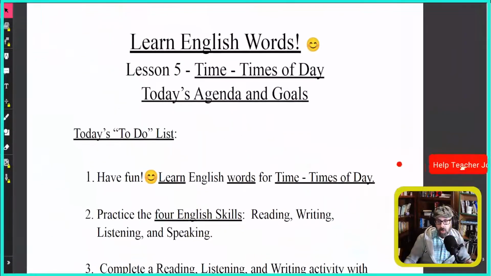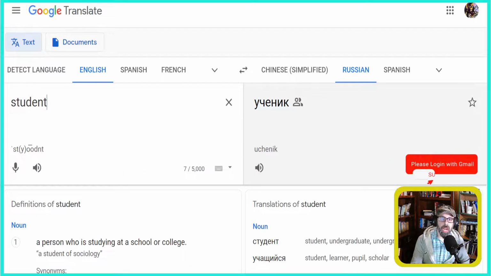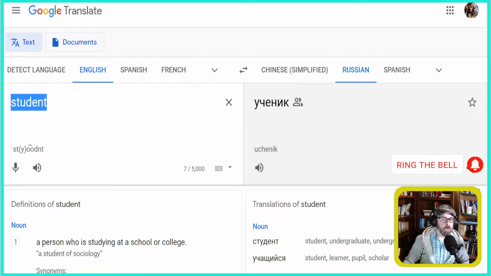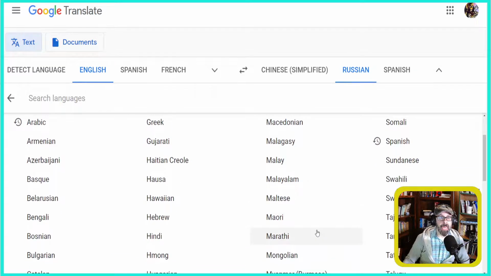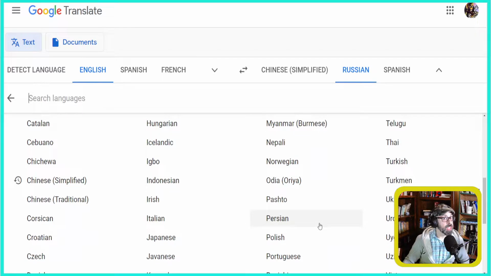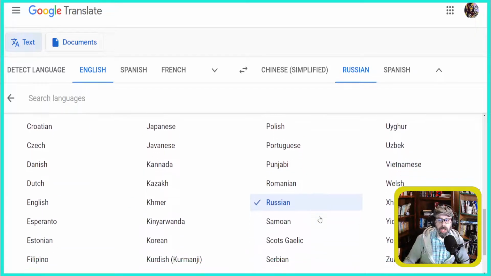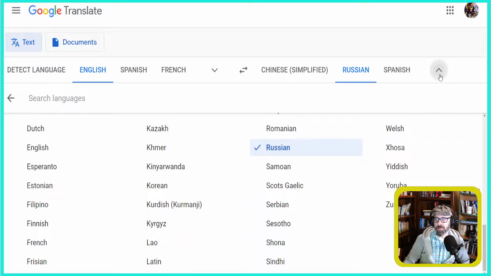Okay, now remember also that when we use the internet, you can use something like Google Translate in order to translate vocabulary. You use English on the left side. So you type the word in English, and then you select your language on the right side, and you can look at the translation. When you click the arrow that's in the upper right-hand corner, this arrow that's here, it will show you many, many, many different languages, so you can hopefully find your language in here as well, okay?